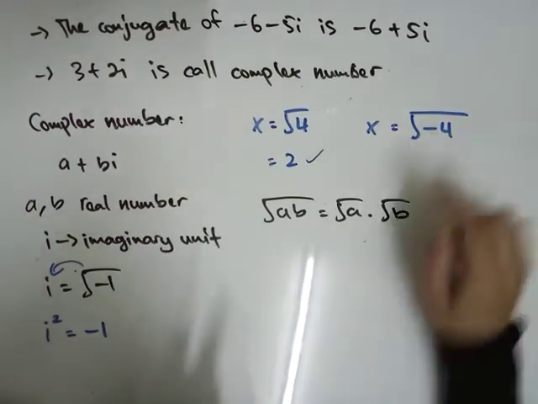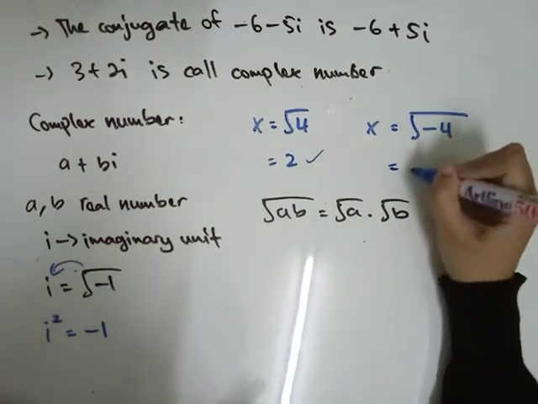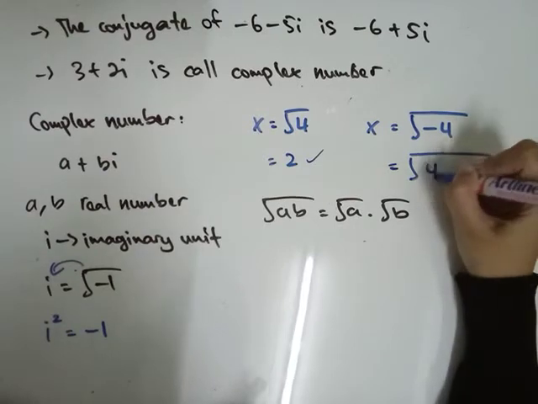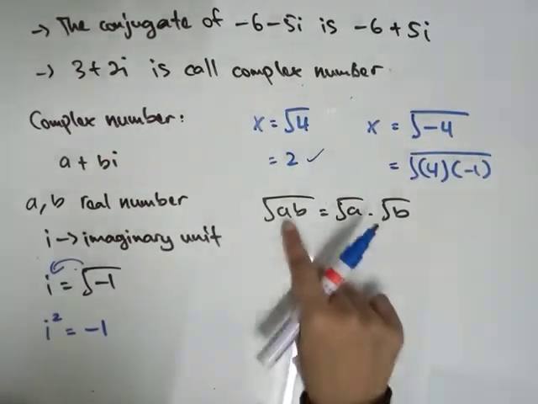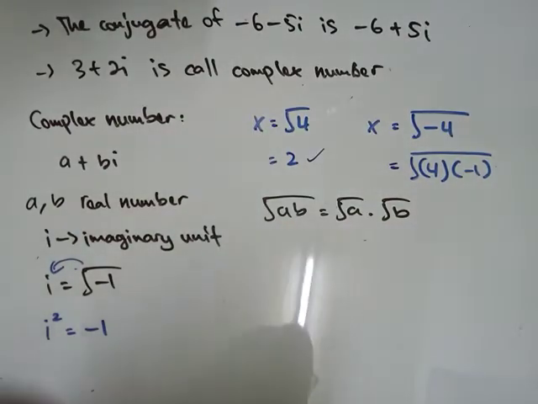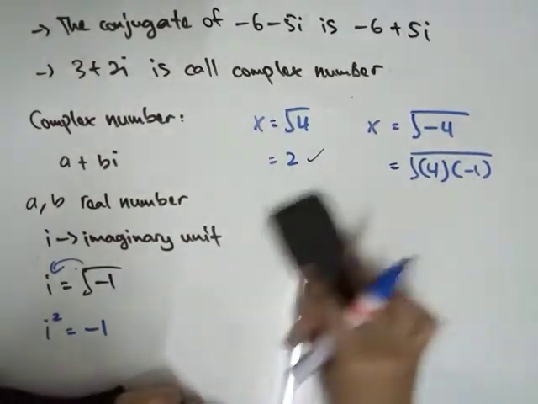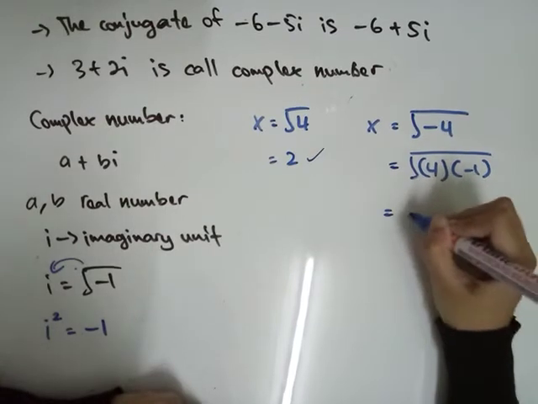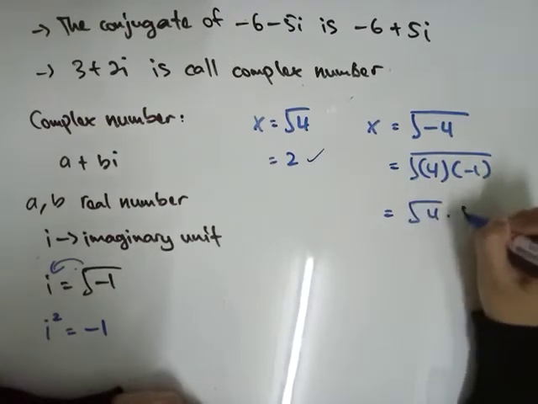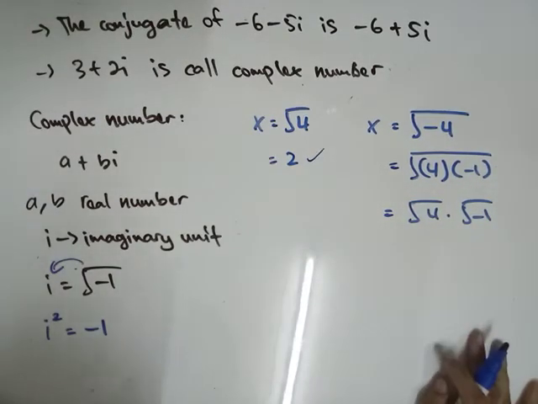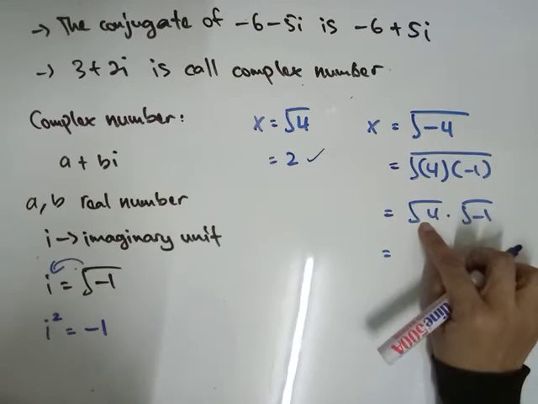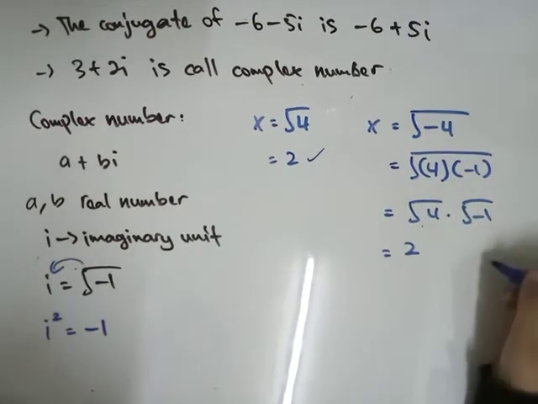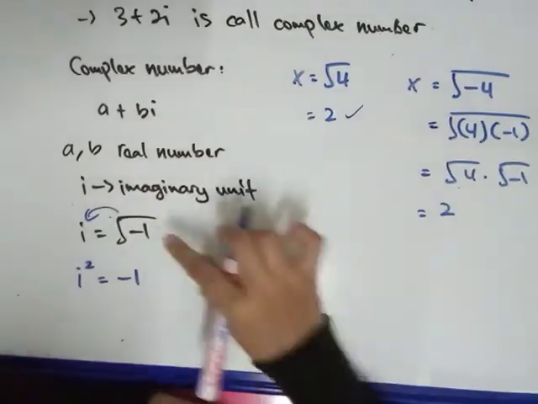So to solve this, it becomes 4 times negative 1. Split it: square root of 4 multiplied by square root of negative 1. Then we can simplify: square root of 4 becomes 2, and square root of negative 1 is i.